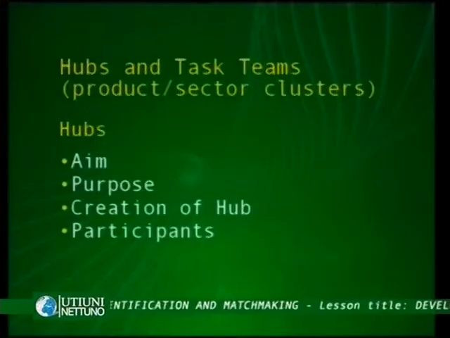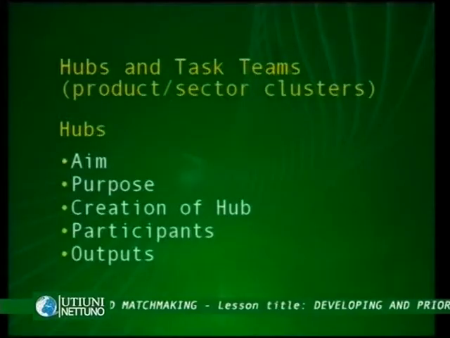So they got a group of people together, and those people can vary from people from the private enterprise, research and development, government, buyers, agencies, and that is all very clear in the rationale of the hub as you'll see it in your learning material.